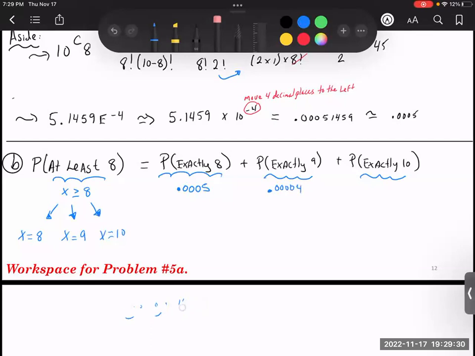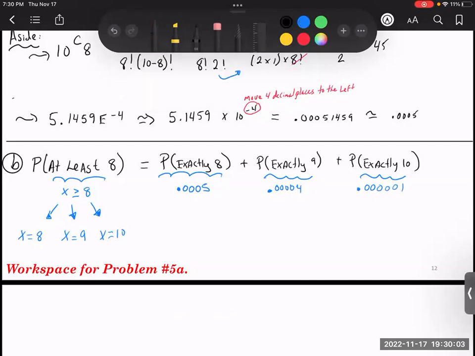For the next one, exactly 10 is just going to be 0.26 raised to the 10th power. So you get approximately 0.000001. These are the decimals you will get if you do the approximations.